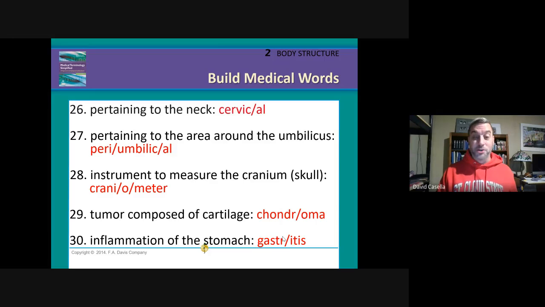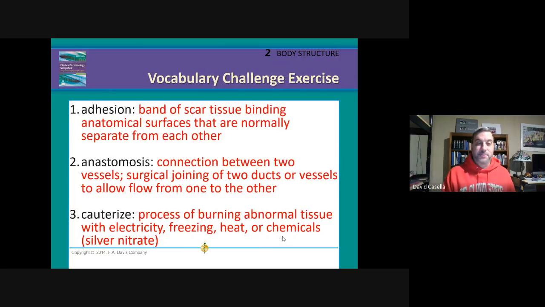What's really cool is once you learn that AL means pertaining to, I can say cervical, I can say any other thing and put an AL at the end of it, and it means pertaining to. So that's a good thing to know. A tumor composed of cartilage is a chondroma, and then gastritis, inflammation of the stomach.